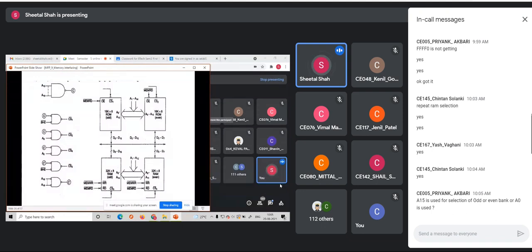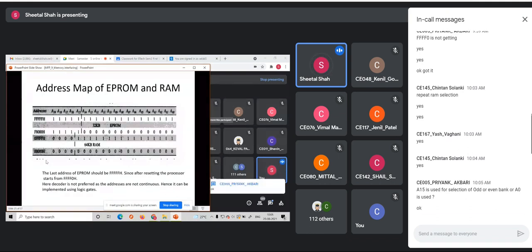The A0 line is used for selecting the bank. So that's why you can see that this is A0. See, if you go through the addresses, whether it is an even address or an odd address, we can confirm it using the least significant bit.